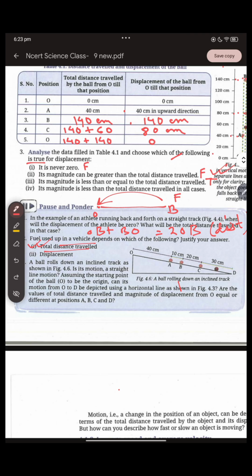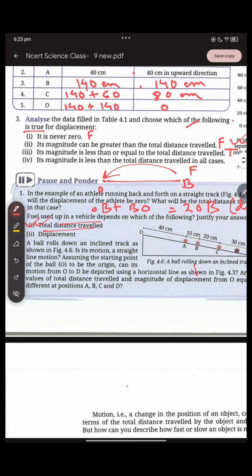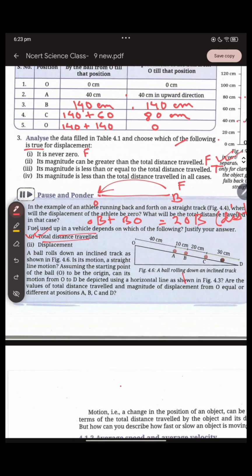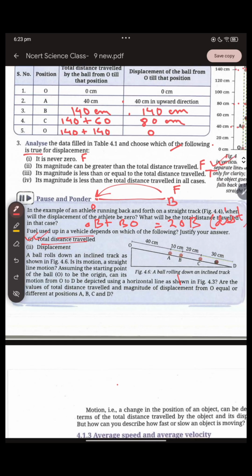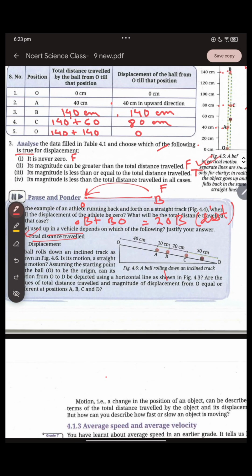Of course, it's a straight line motion. Of course, assuming the starting point of the ball to be O, that is the origin, can its motion from O to D be depicted using a horizontal line as it is shown? So using a horizontal line, it is not possible, but its straight line motion in an inclined pathway is possible, right?